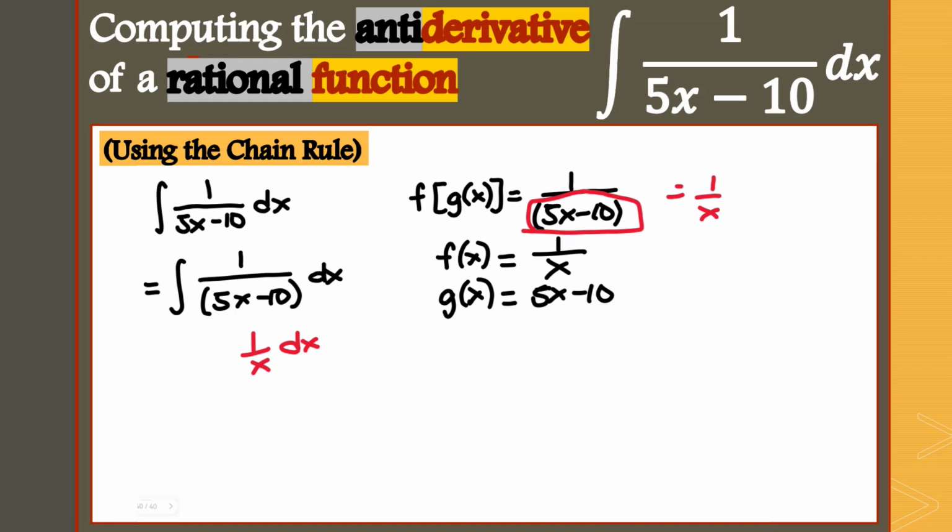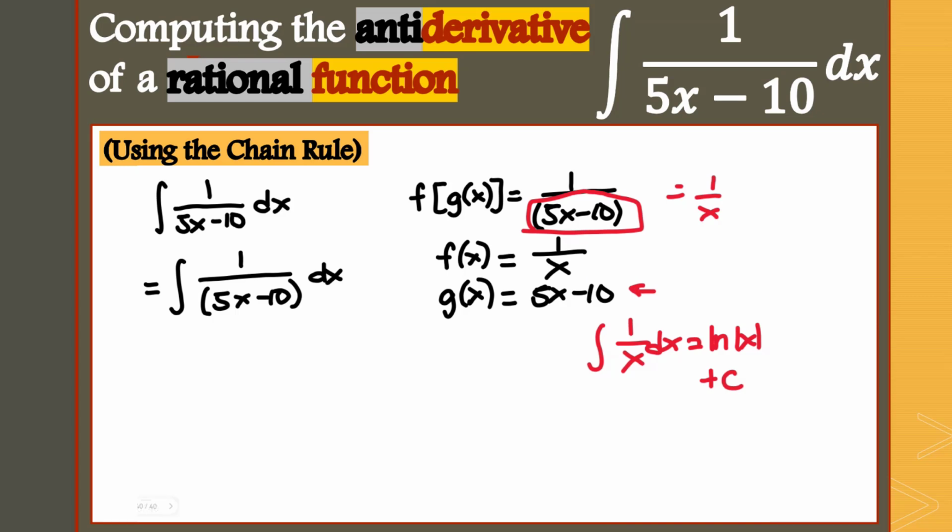This is actually considered as the logarithmic rule of anti-differentiation, telling us, okay, that if we have the integral of 1 over x dx, this is equivalent to the natural logarithm of your function x plus c. But this time, it's no longer just x. It's actually another function in the name of g of x.